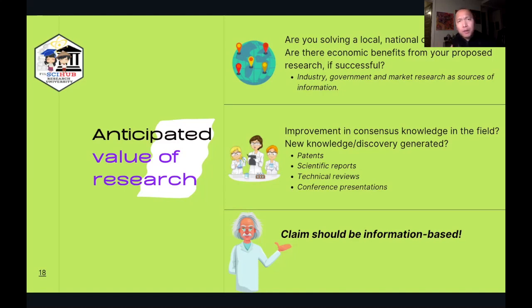There's a bunch of resources from which you can get this information. You can look at industry reports, government and market research, or studies. Whenever you are stating some of these benefits, it is most important that these are still based on established information. You just don't say that, oh, this is going to solve the world's problem. If they ask you why and how, you should be able to answer them, and you should also be able to refer to reputable studies and knowledge.